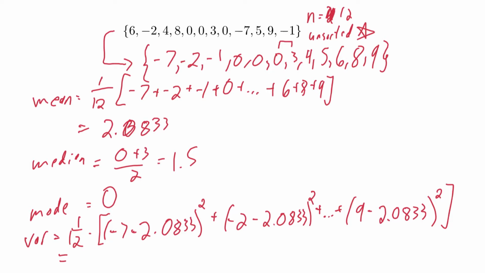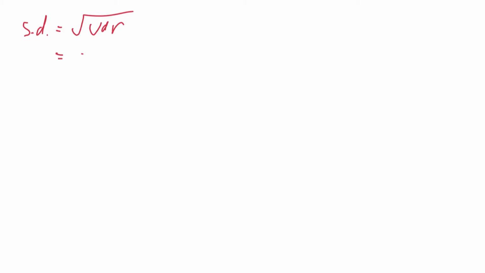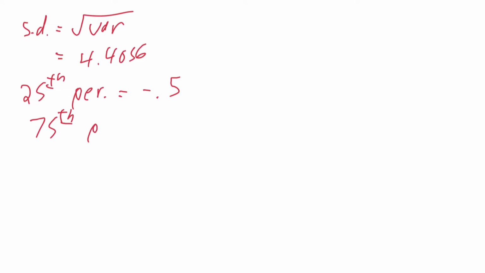And this winds up being equal to 19.4097. Now the standard deviation is simply the square root of the variance, which in this case is 4.4056. To get the 25th percentile, we take the median of the first half, which is minus 0.5, and the 75th percentile is 5.5.